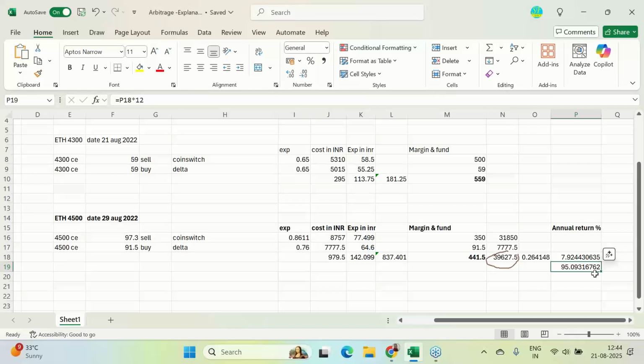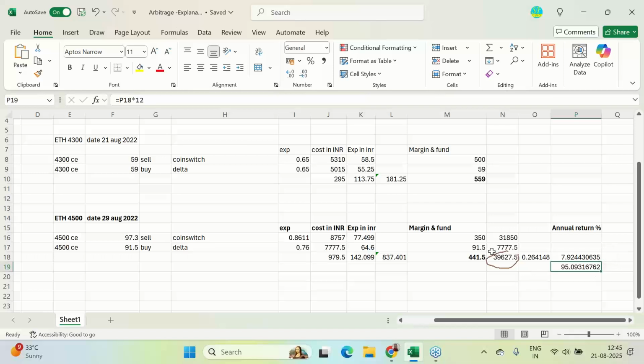Do you remember, I have factored the losses, factored the cost also here. I have factored the expenses. I am considering that both the things expire worthless, so no expenses I will incur for the second time. With this is my return.